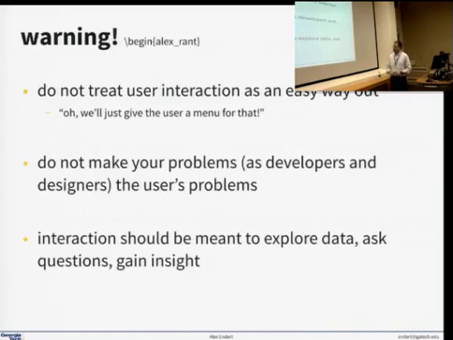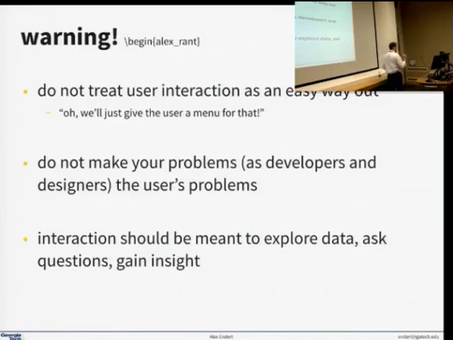And this is where I'm going to go on a bit of a rant. I always do this when I get to this part, because what bugs me about user interaction is when it is used as an easy way out for visual analytic tools, right?